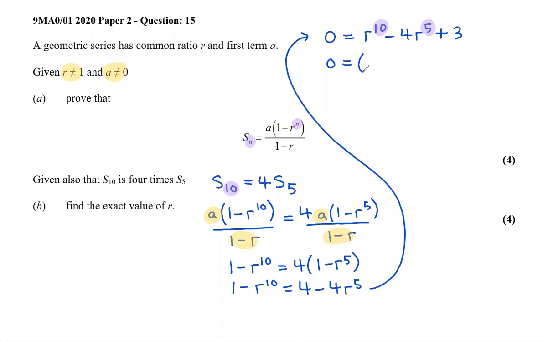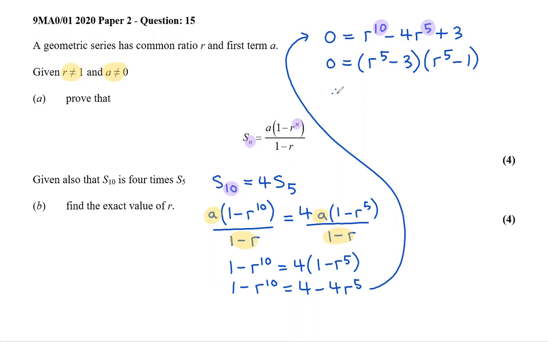You could write something like x equals r to the 5, but you don't need to do that if you don't want to. You'll just have to notice that when you factorize it, you'll get r to the power 5 subtract 3, and then r to the power 5 subtract 1. Because when you multiply out r to the power 5 multiplied by r to the power 5, you add the indices, so that's r to the power 10, and we get all the right amounts of everything.